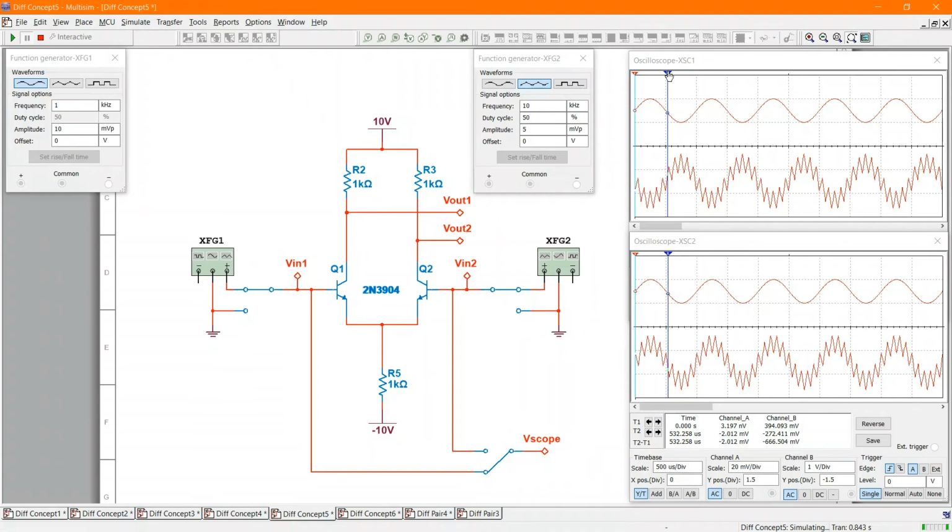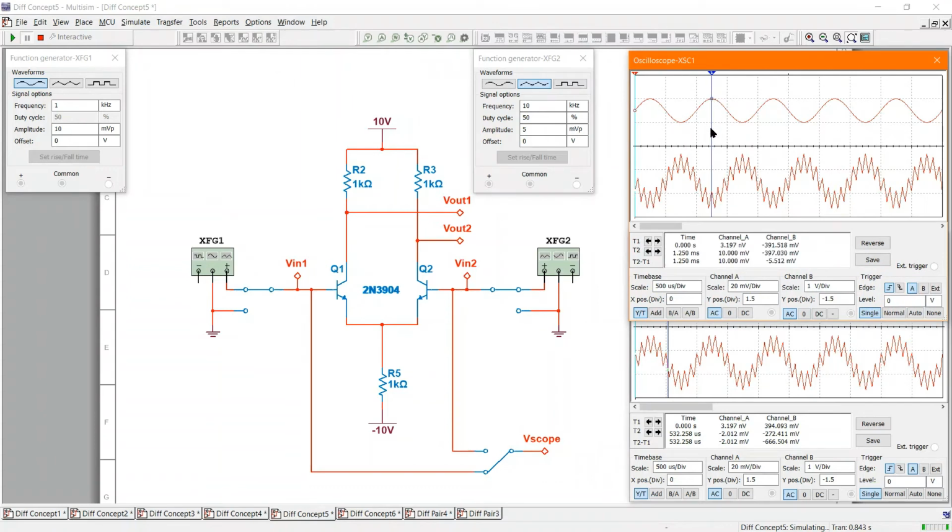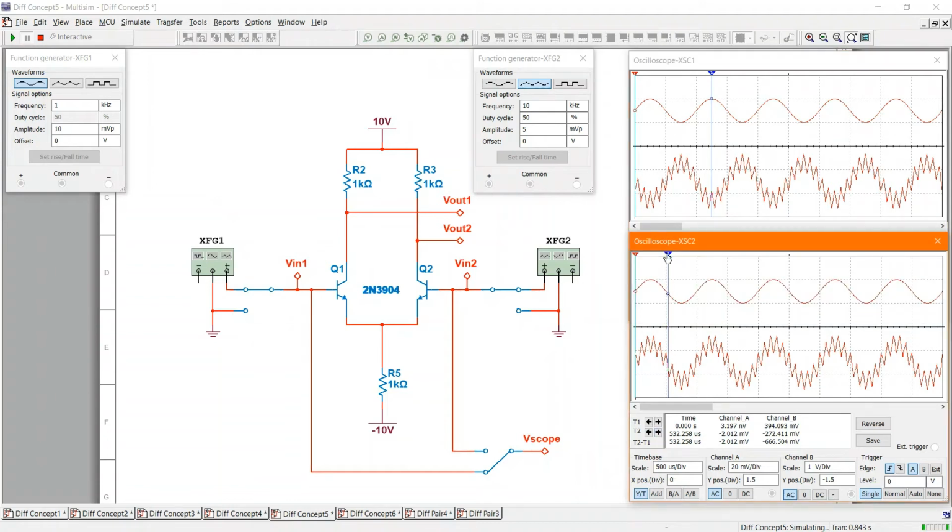So here I can see VN1. So basically this is VN1, this is the sine wave, and here I can see that the sine wave is out of phase with VN1. But this is out of phase with VN1, but Vout2 here, the sine wave, which is the larger signal, is in phase with VN1.